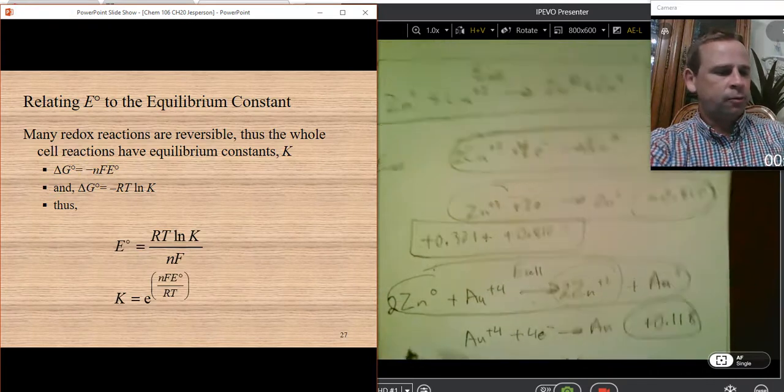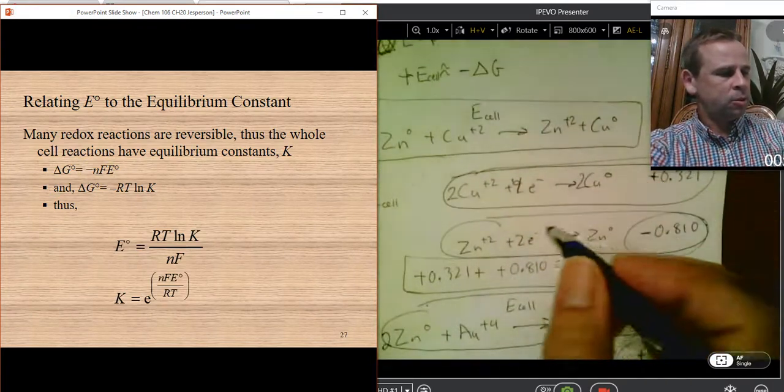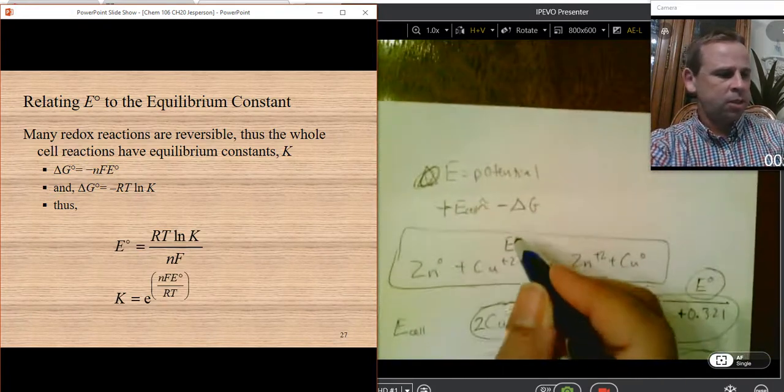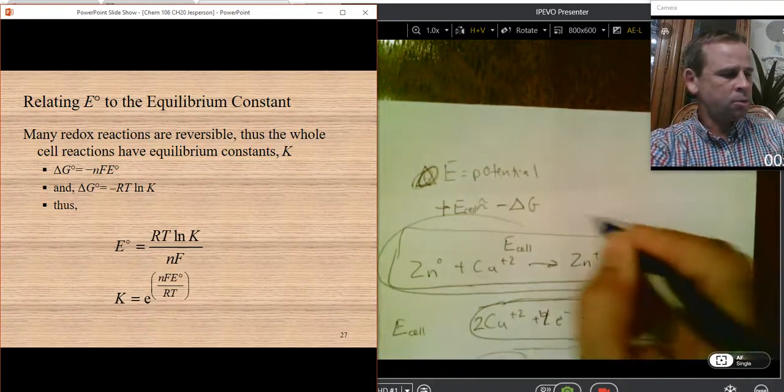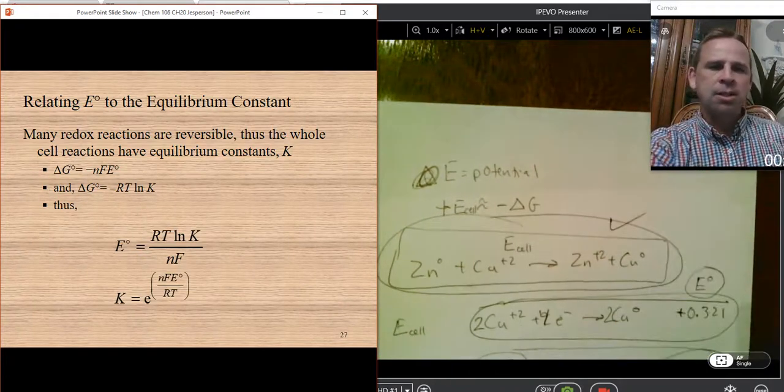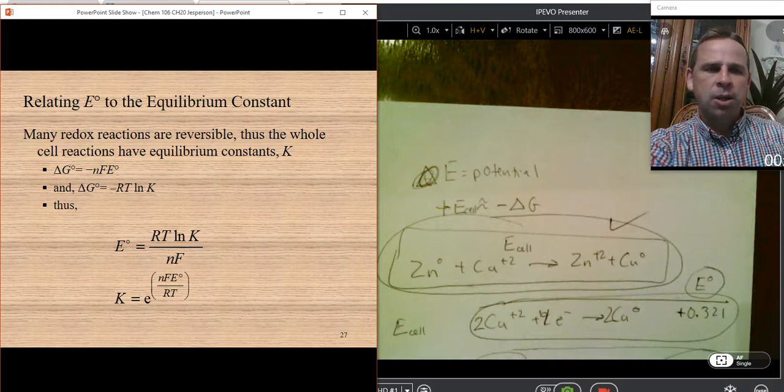What's the delta n for, let's go back up to this reaction here? What's the delta n for this reaction here? Talk to your neighbors really quick. Identify what the delta n for that reaction is. 60 seconds.